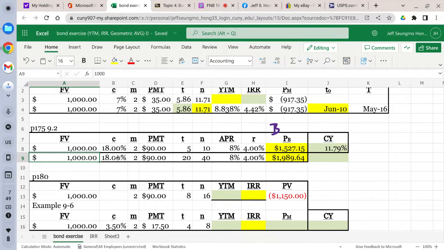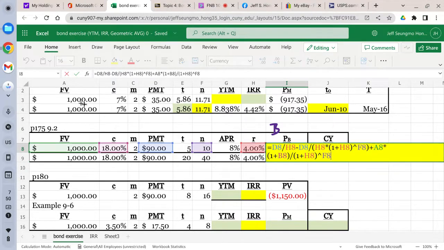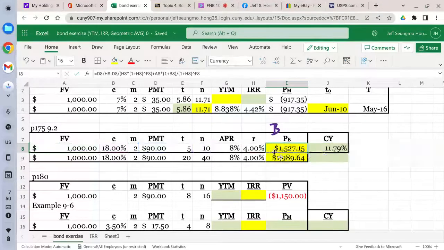I made everything equal to the previous one, but this one I had to make 20, and then everything adjusts automatically. You don't have to do it all over again. Formula is formula. It's the same formula here. I just made an adjustment to this one, but before the adjustment, this formula was already like that, so it's going to automatically adjust.